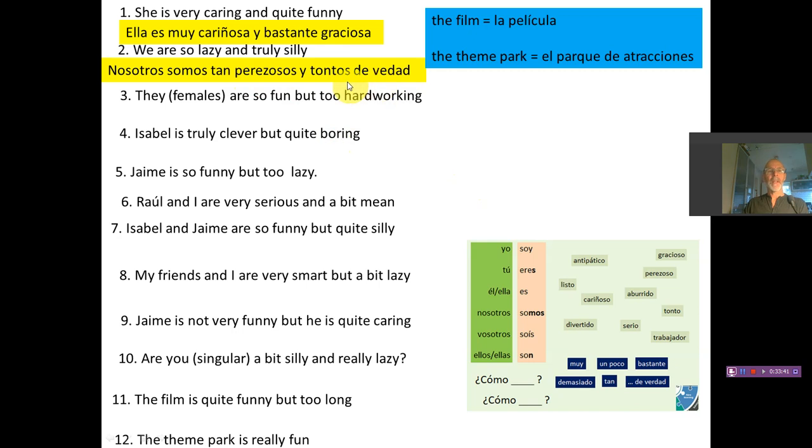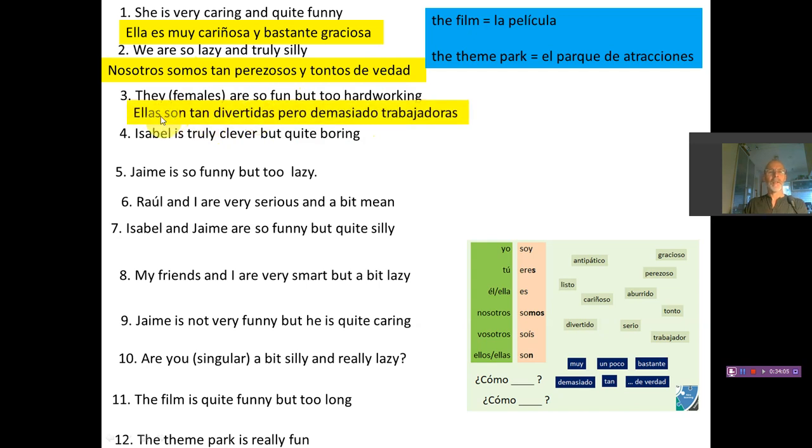All right? And at this point, I need to tell you and remind you that you don't need ella and nosotros. The Spanish will probably just say es muy cariñosa y bastante graciosa, or somos tan perezosos y tontos de verdad. Okay? They, females, are so fun but too hard-working.